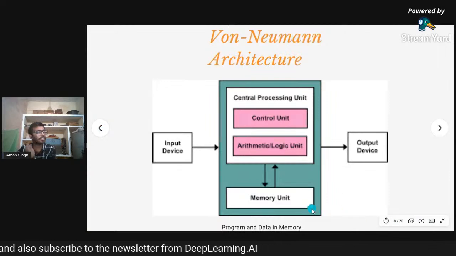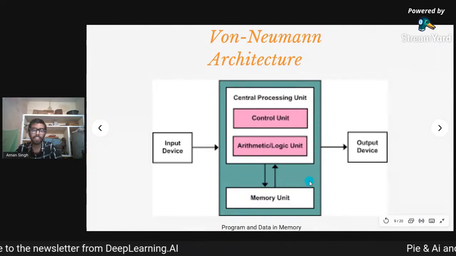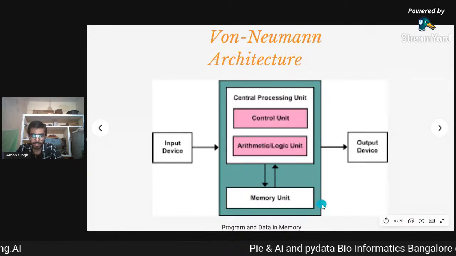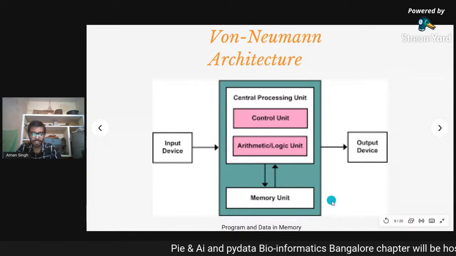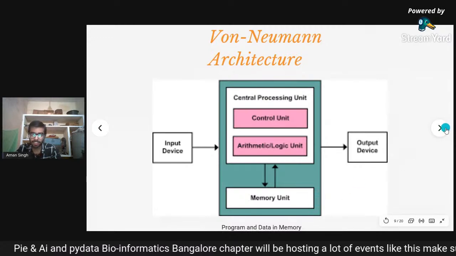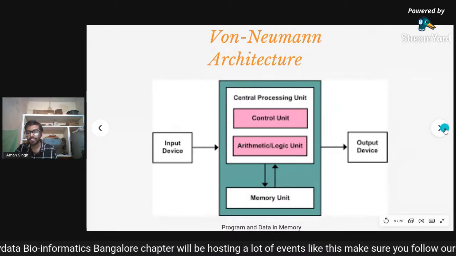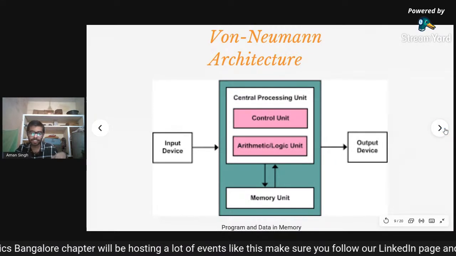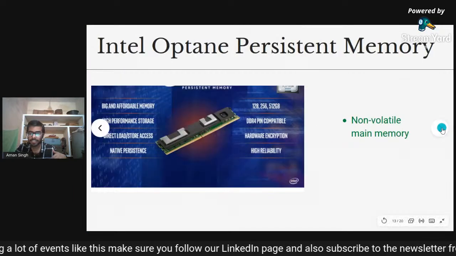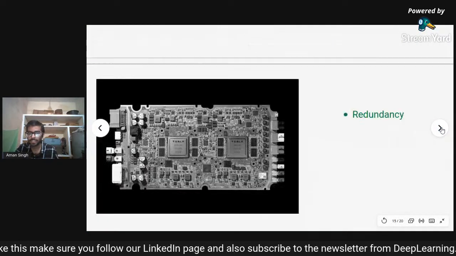In this main memory, when cache is used, it leaves a track of data. Therefore, hackers could use that data path to get other data which they don't have access to.